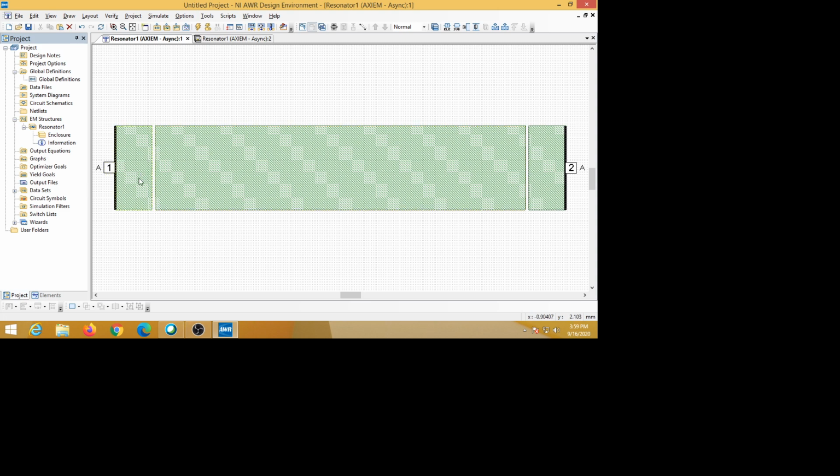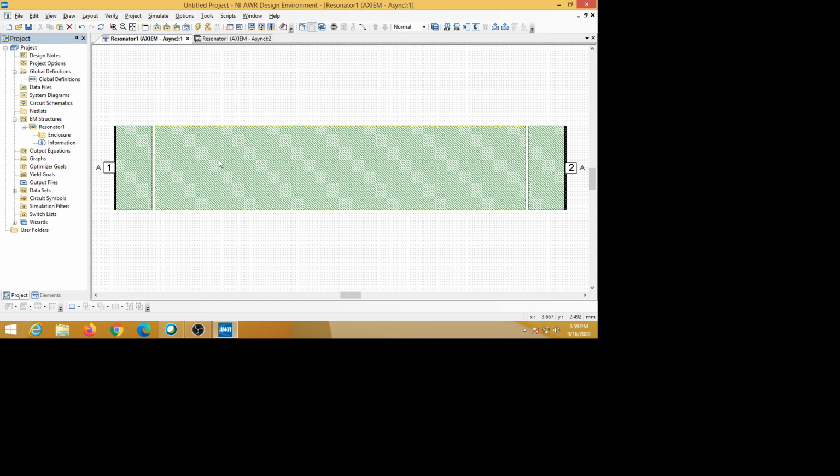It will first take this as the feeding port and see the output here, which will be S21. Next the simulation takes this as the source and sends the signal in this direction, generating S22 and S12 also. So we get four results.